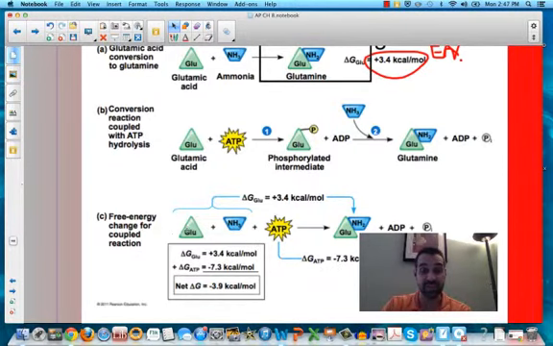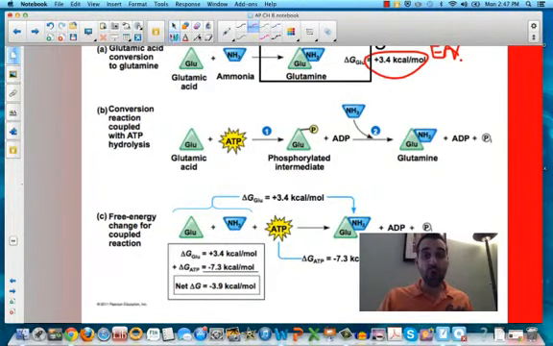Therefore, we can do this endergonic reaction by fueling it with the exergonic hydrolysis of ATP, and we still end up overall with a negative delta G. So this shows that by using ATP, we can drive or fuel the endergonic reactions, and still, overall, at the end, we get a net negative delta G. So even though this is an endergonic reaction, when we couple it with ATP hydrolysis, we still are adding to the entropy in the universe, as you can see here.